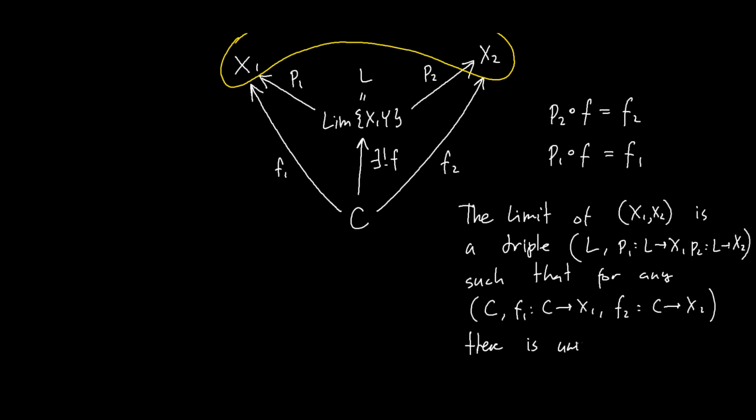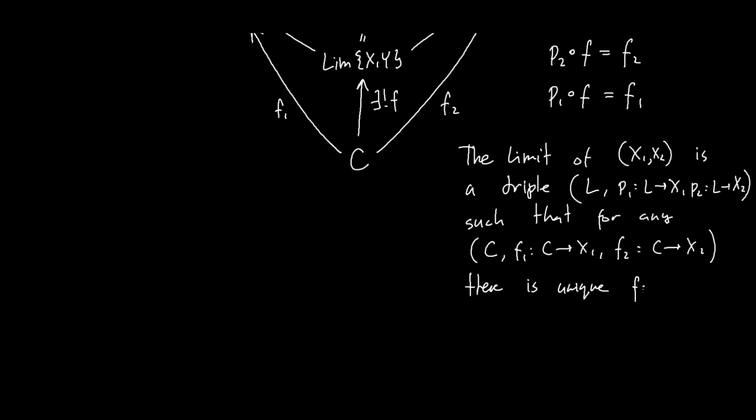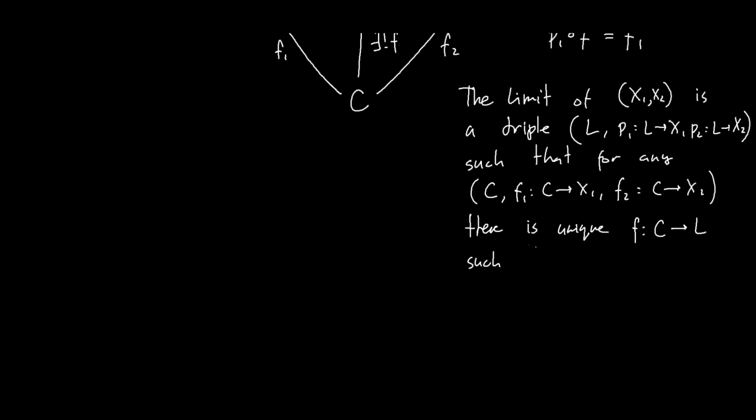There is a unique arrow F going from C to L such that, so I'm not saying that there is only one arrow from C to L. I'm just saying that there is only one with the property I'm going to write right now. There is a unique F such that P1 composed with F equals F1 and P2 composed with F equals F2.